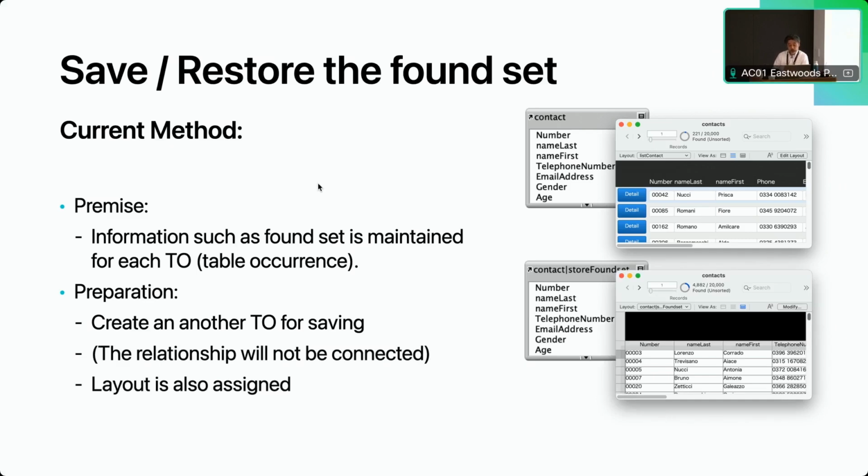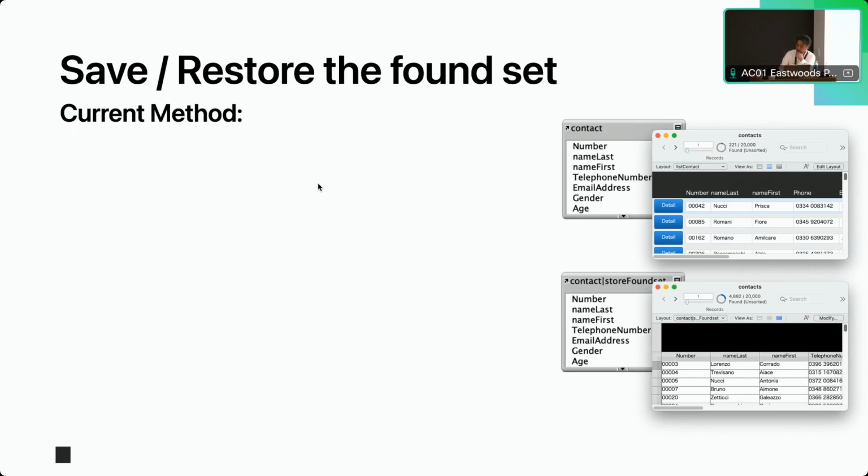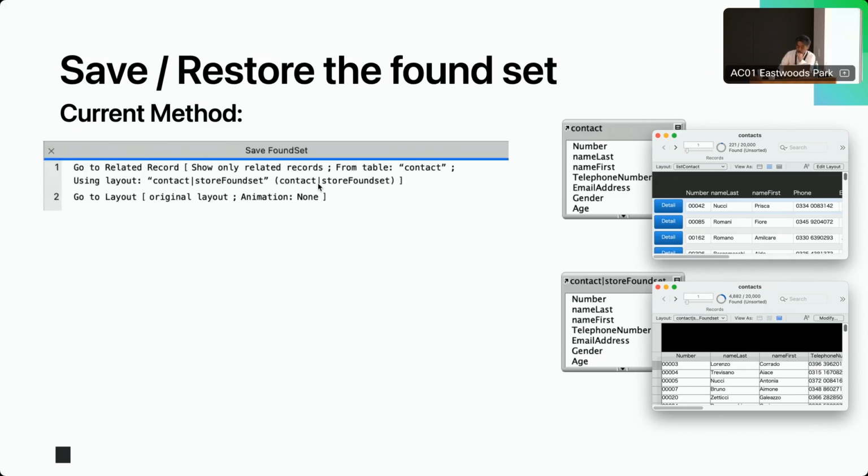Next, we'll use the TO and layout we created for saving to create a script for saving the current found set. First, we have to make a script to save the current found set. The important thing is the Go to Related Records step in the first line.